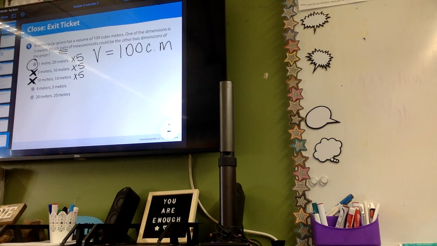Definitely not. Way too much. 4 times 5 times 5? 100. So that's an option too. Well, if 10 times 10 times 5 was not an option, then obviously 20 times 20 times 5 is also not going to be an option. That's too high. So our answers are A and D. All right, anybody have any questions?